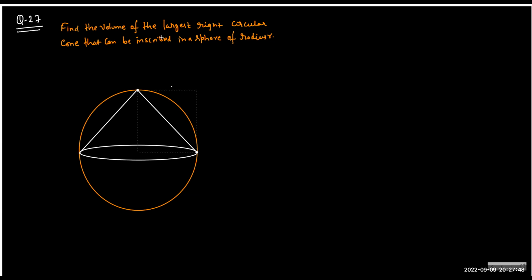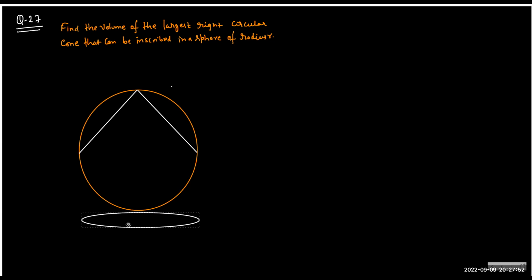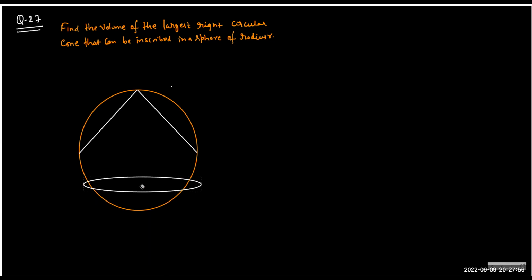And if I choose the maximum height, then the base will become shorter. The idea is we have no clue what kind of base and height will tend to give the maximum. That is the question.